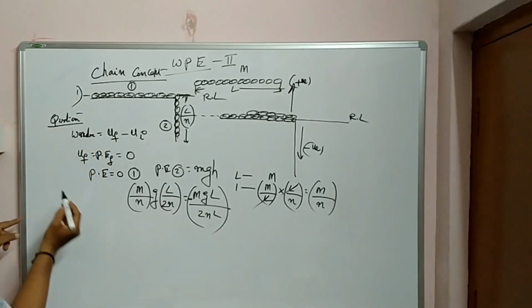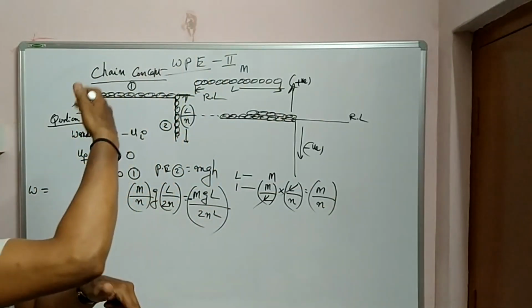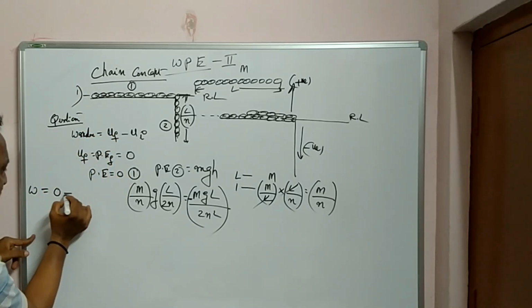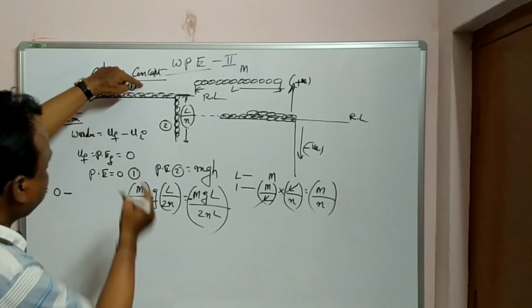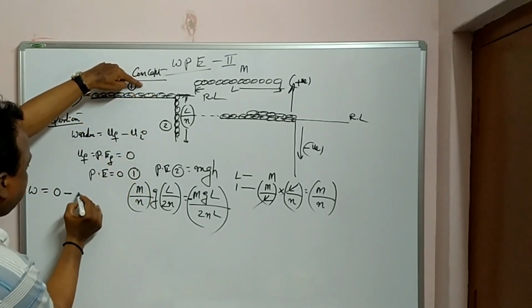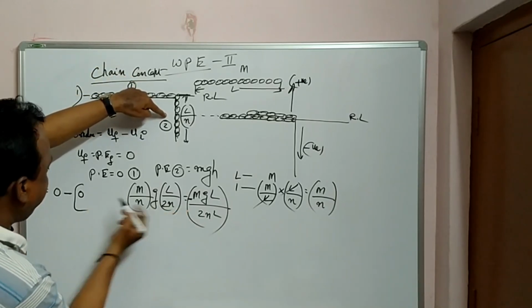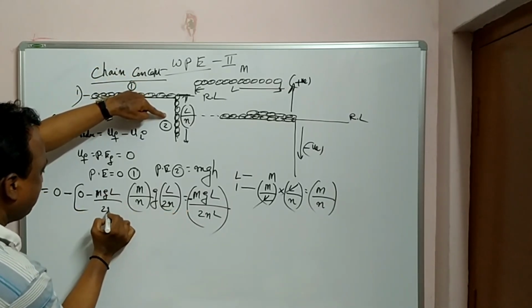So apply in the formula. Work done in lifting the hanging part onto the table is given by U final minus U initial. U final is 0, because on the table. And U initial is minus mgL by 2n square.